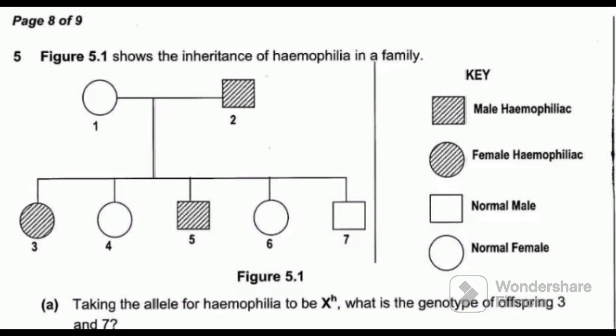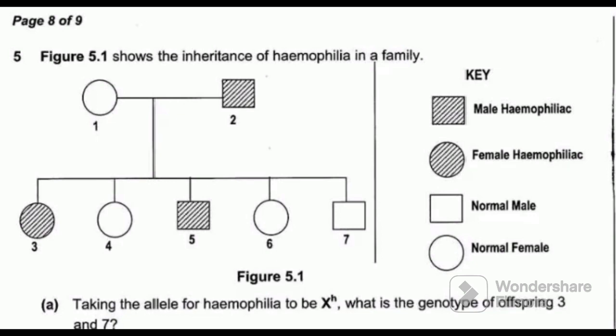So these are parents, parent 1 and parent 2, they were crossed, and 3, 4, 5, 6, 7, they were offsprings.